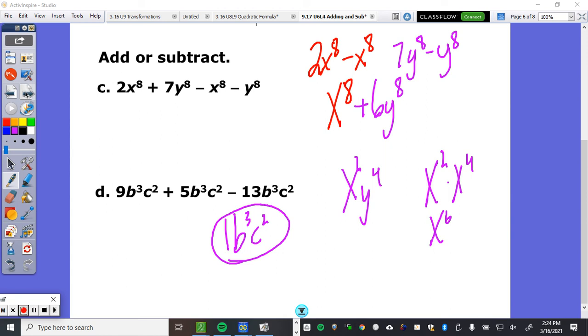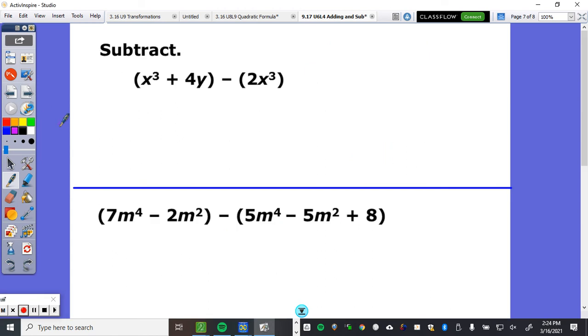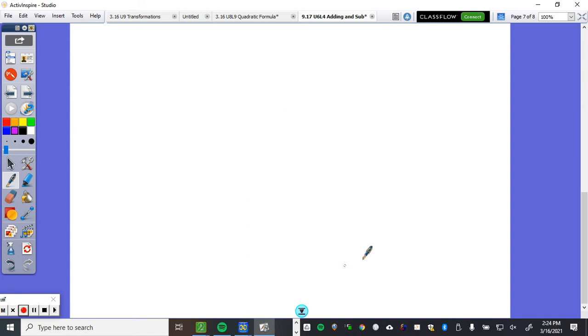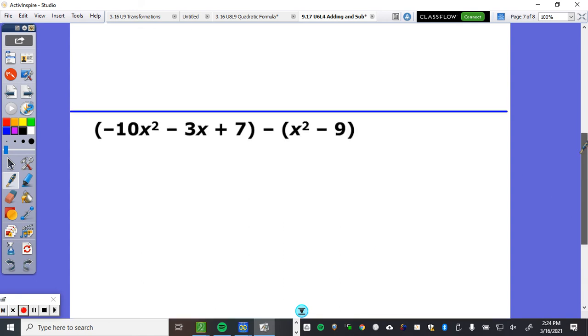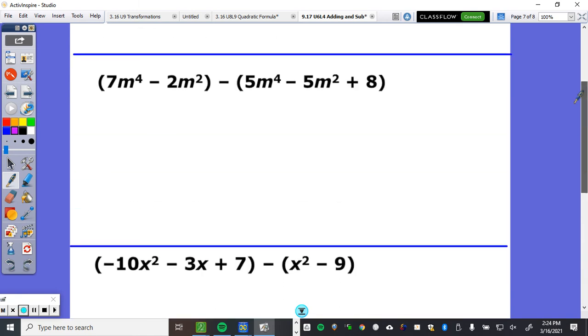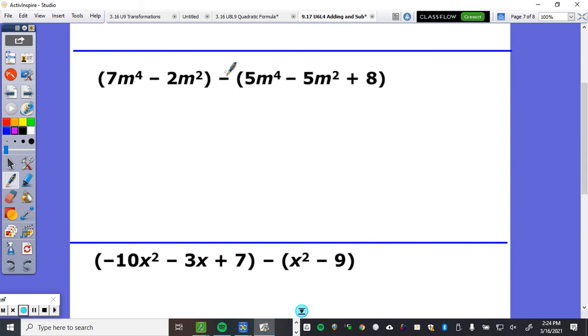Move on. When you subtract, you'll do it just a little bit differently. Okay? We're going to look at this one down here. When you subtract, before you combine like terms, I want you to distribute the negative. So this negative times a positive 5m to the 4th gives me negative 5m to the 4th.